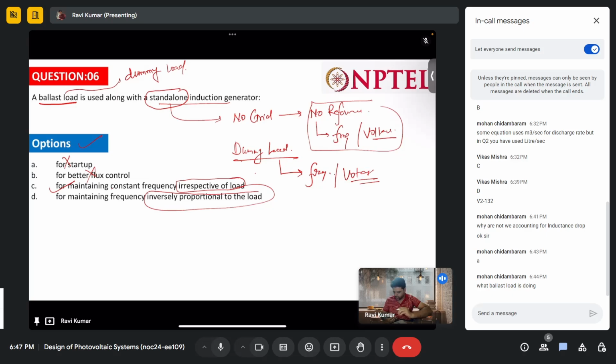You are asking what load we connect. We have some electrical load, using resistance or inductance, or a combination of those. But the application of this load is to maintain constant frequency.